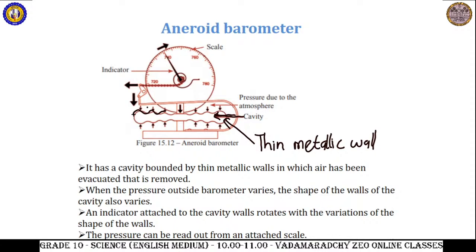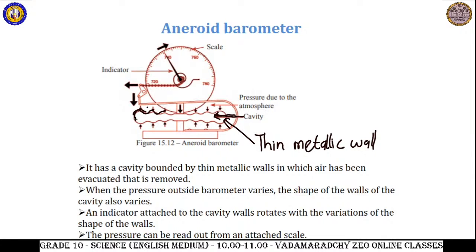The indicator that is attached to the cavity wall rotates due to this variation of shape. This is the basic principle of the aneroid barometer.